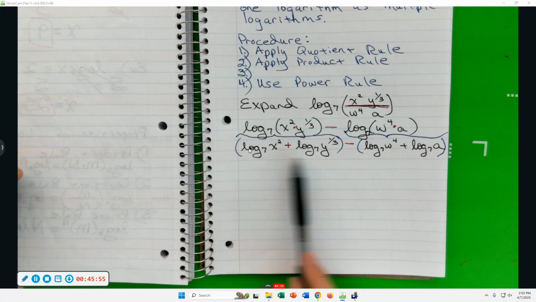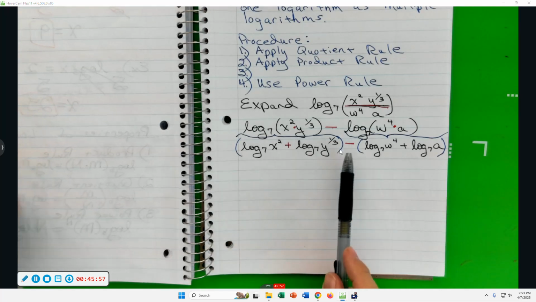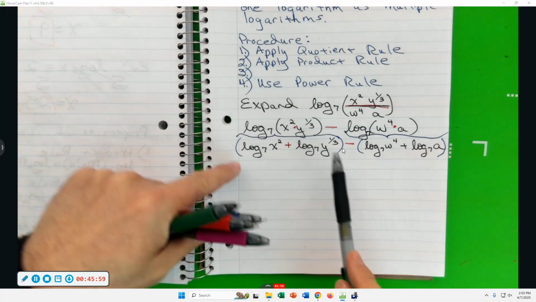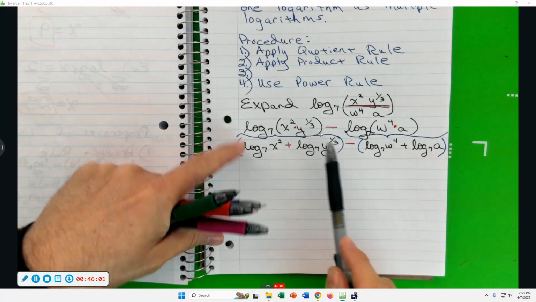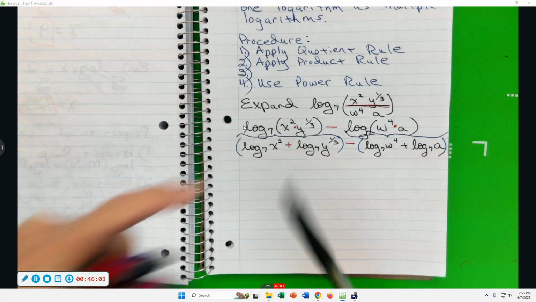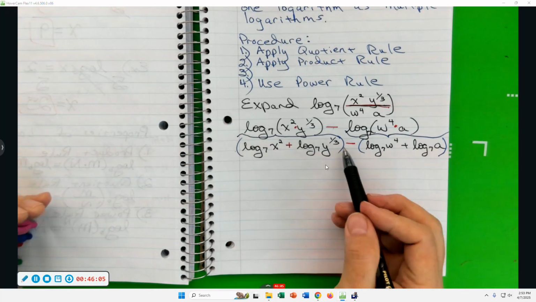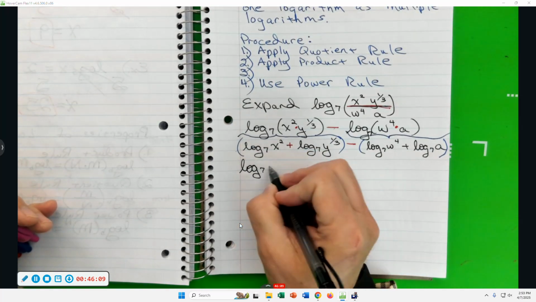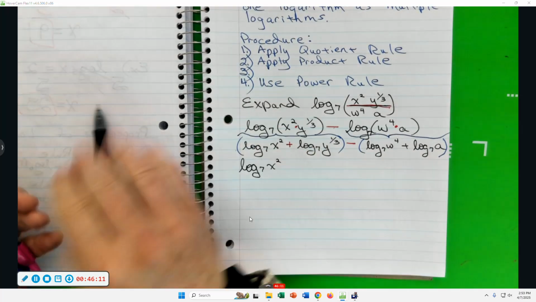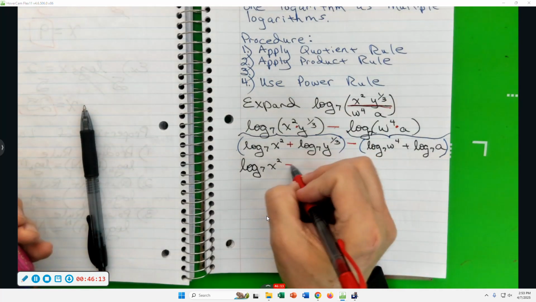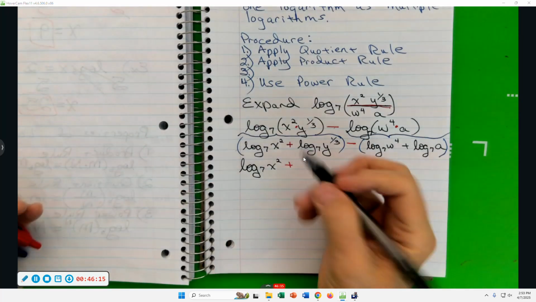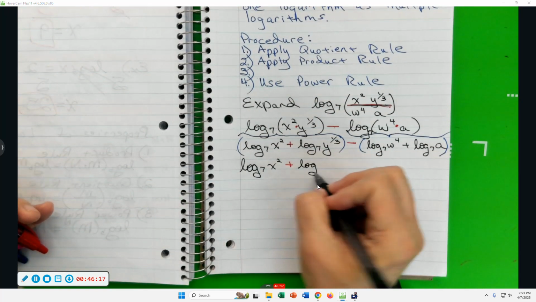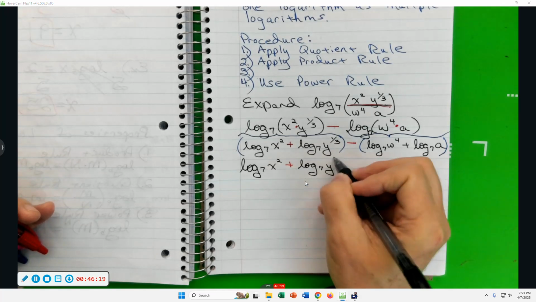No, those are unnecessary parentheses. I just have them there to show that both of those logarithms came from that first logarithm. So I'm going to drop those parentheses here. I'll just write it as log base 7 of x squared plus log base 7 of y to the 1/3.